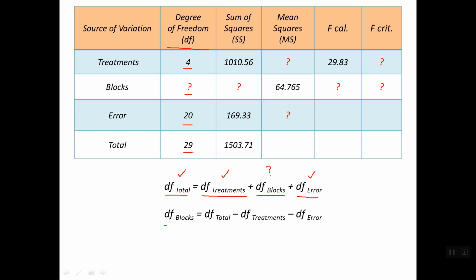So the degree of freedom for the blocks is equal to the degree of freedom total minus the degree of freedom for the treatments minus the degree of freedom for the error. 29 is the degree of freedom total, 4 is the degree of freedom for the treatments, and 20 is the degree of freedom for the error, so the degree of freedom for the blocks is 5.